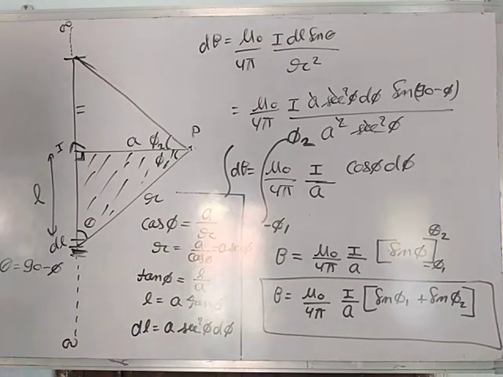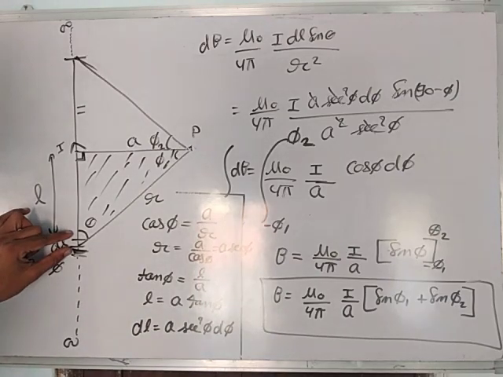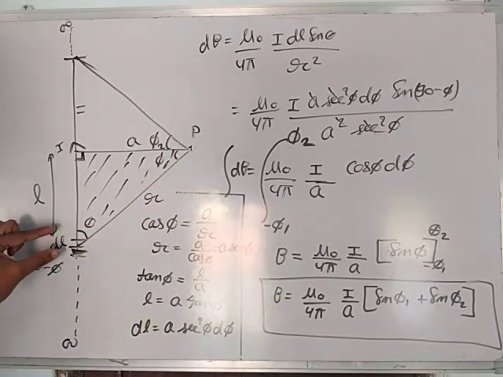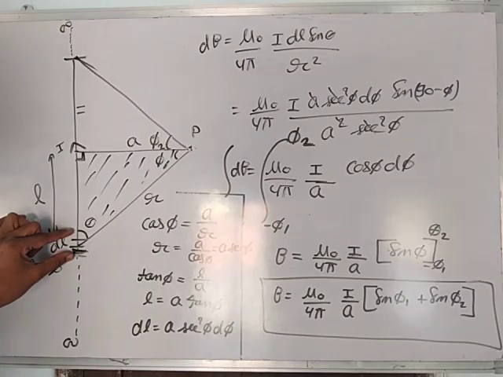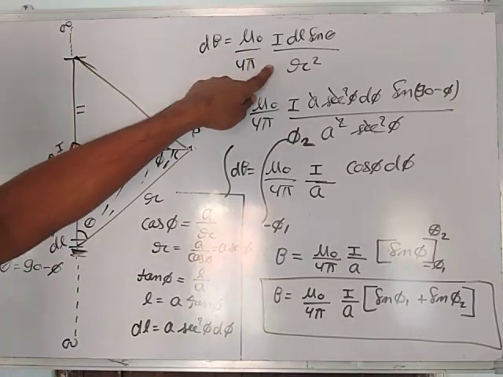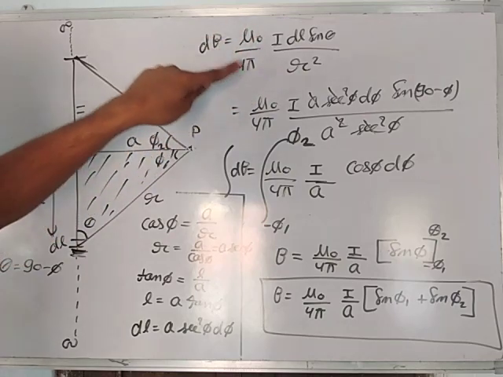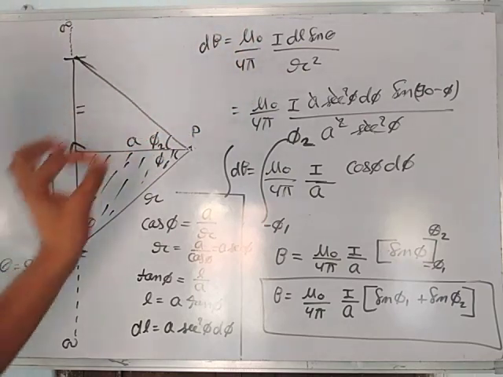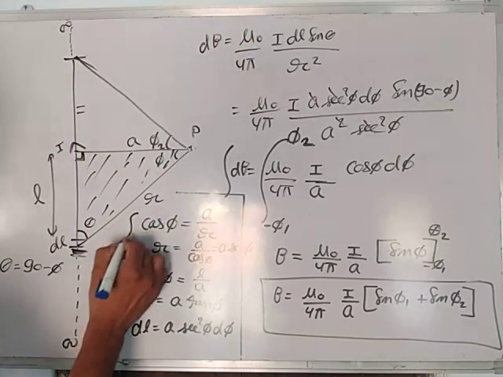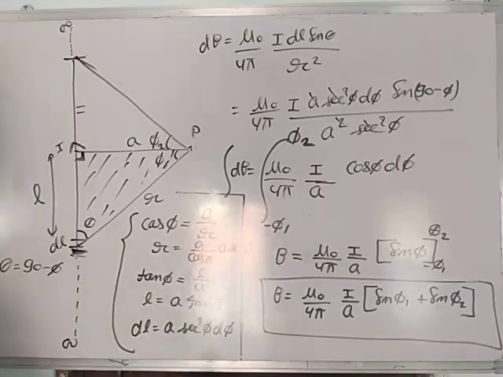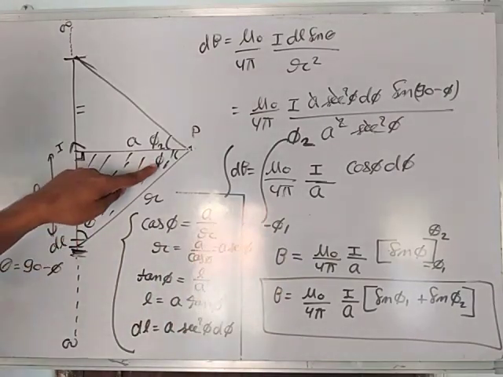I repeat, we have considered a small element dl at distance r, and for this small element dl, we applied Biot-Savart law. After that, there are some substitutions which I have mentioned here, because φ is variable.